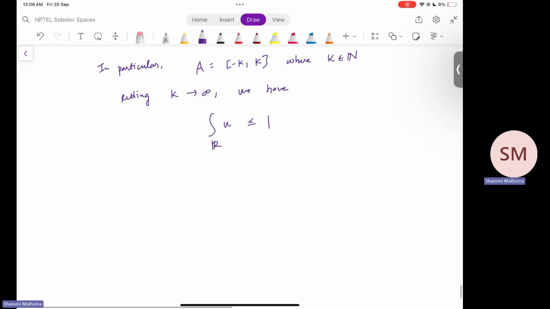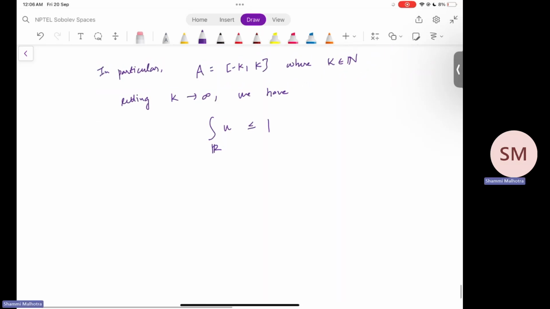So once that is there, and also u is non-negative, this whole implies that u is an element of R as well. So this is just a byproduct. And finally, we have this thing that u is finally in E only.